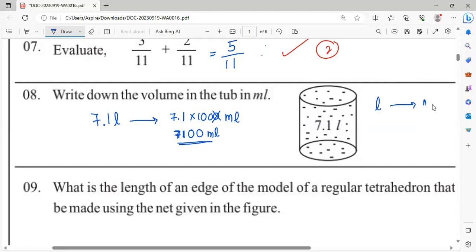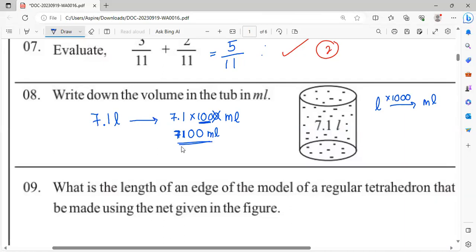Now here you have to remember one thing. To convert liters into milliliters, you have to multiply the value given in liters by 1000. Then if it is a decimal number, you have to check how many decimal places are there. If it is one decimal place, one zero is cancelled and there's no decimal, so it becomes 71 and remaining zeros are written at the end of the answer.